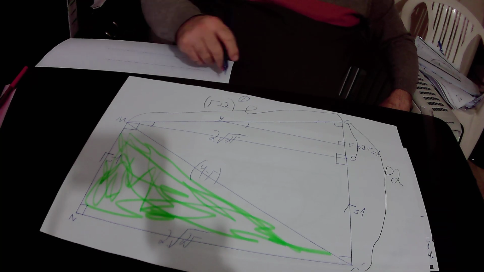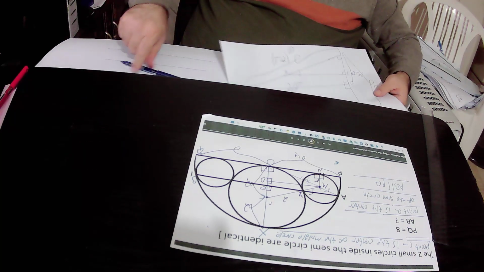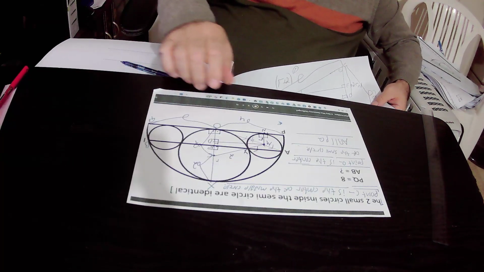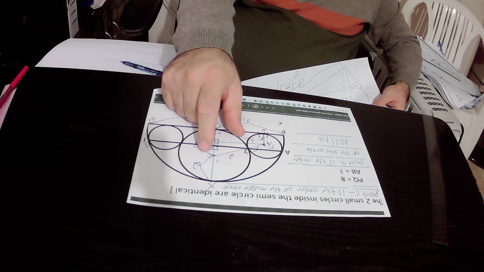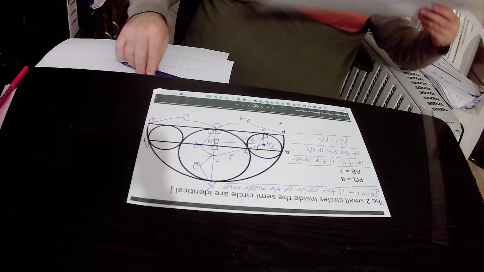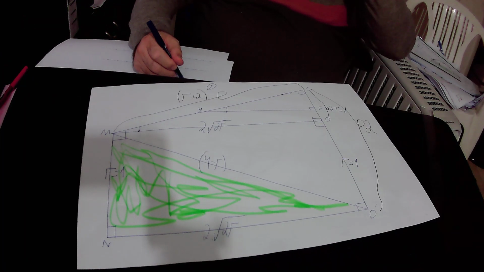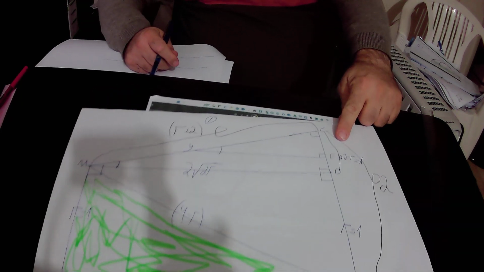Okay, so CE over CY. What is the value of CY? As you can see from the drawing, CY equals 2 units. It is the radius of the middle circle.